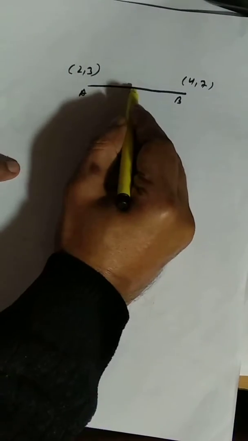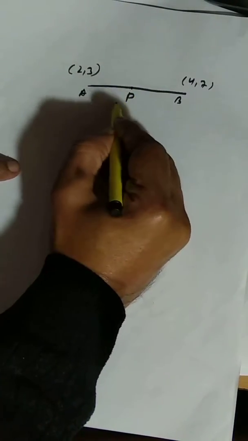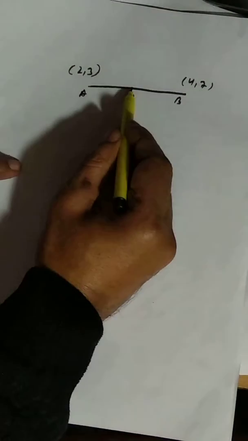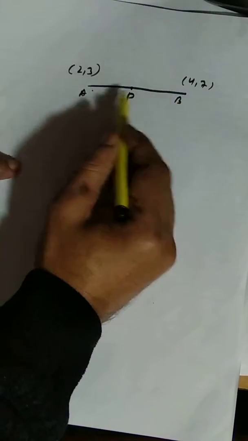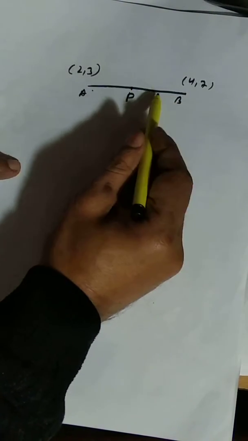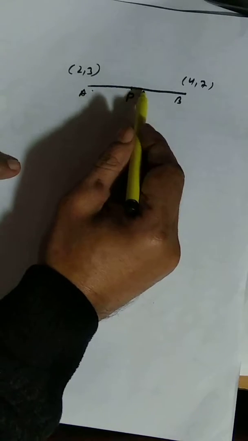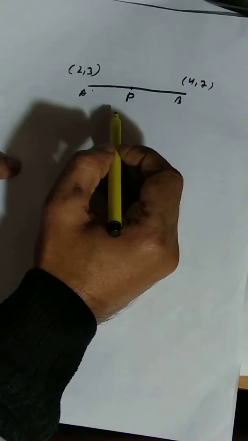Now, if I take any particular point P in between A and B, then the point P will divide AB in a certain ratio, 1:2, 2:3, 3:4, 4:1, whatever.